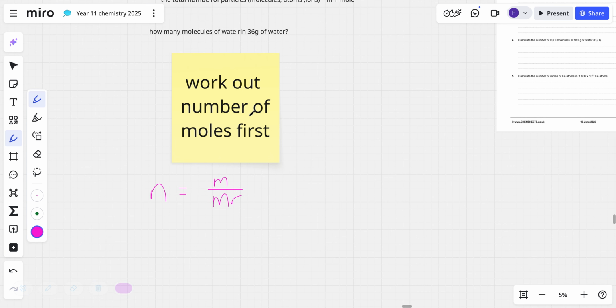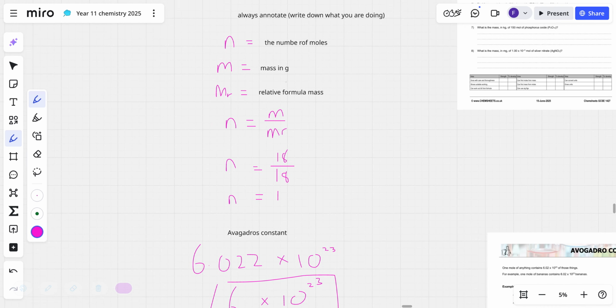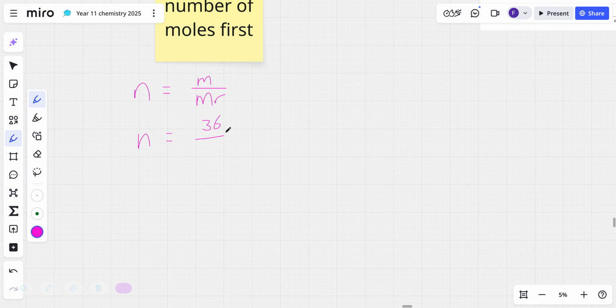All right, so the number of moles in this case, our mass is 36 grams, so n equals 36. And we'd worked out the Mr of water up here, which was 18. So the number of moles is 36 divided by 18, which is 2. So I have 2 moles.